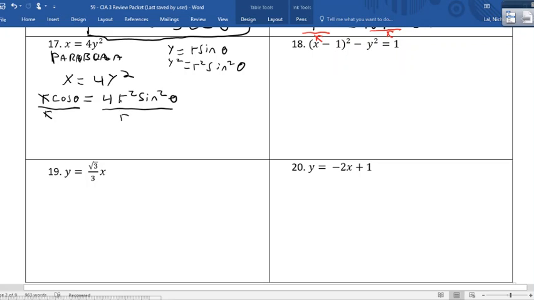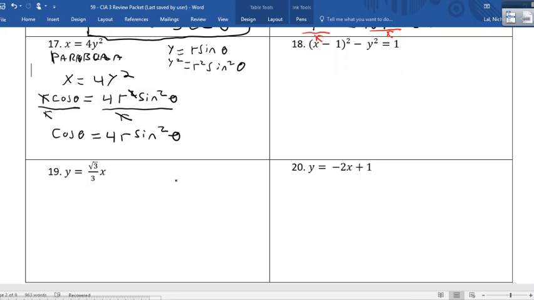All right. The r's are going to cancel out. So then you will have the cosine of theta is equal to 4r times the sine squared of theta. You can then, at that point, divide each side by 4 times the sine squared of theta.